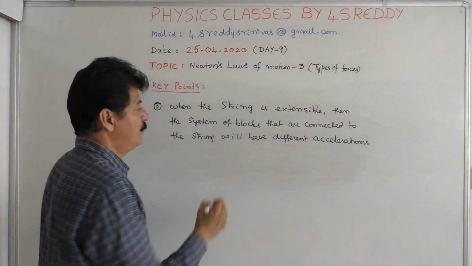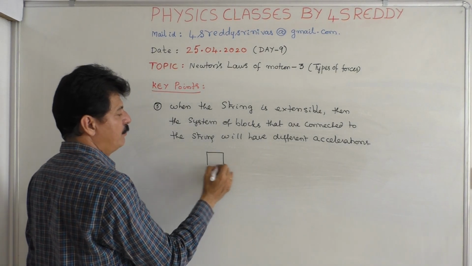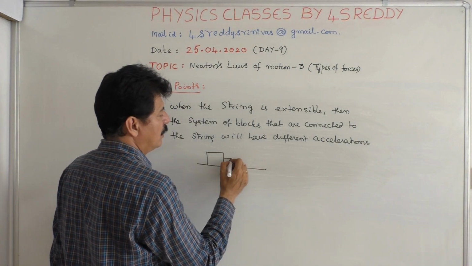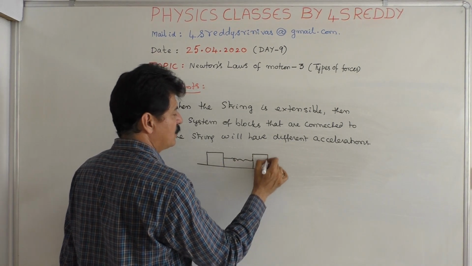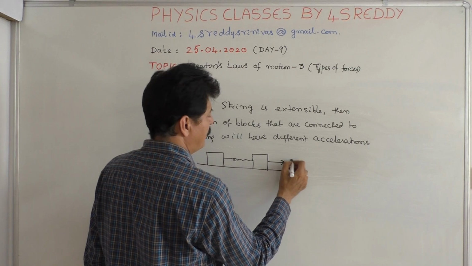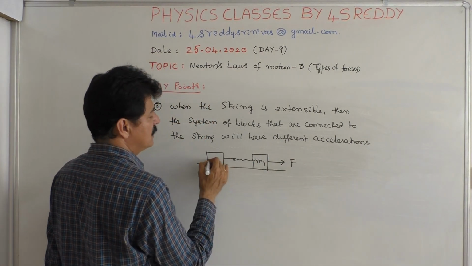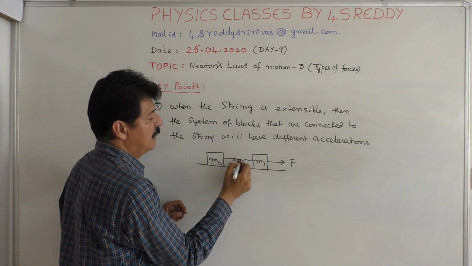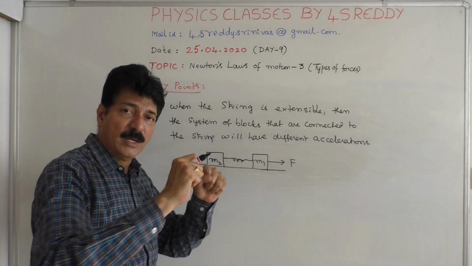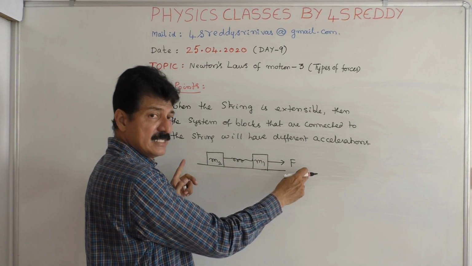That means, for example, if you consider this is a block, and this is an extensible string. If a force is applied, here this is M1, this is M2. Suppose this is like a spring. The moment you pull it, the string gets stretched.